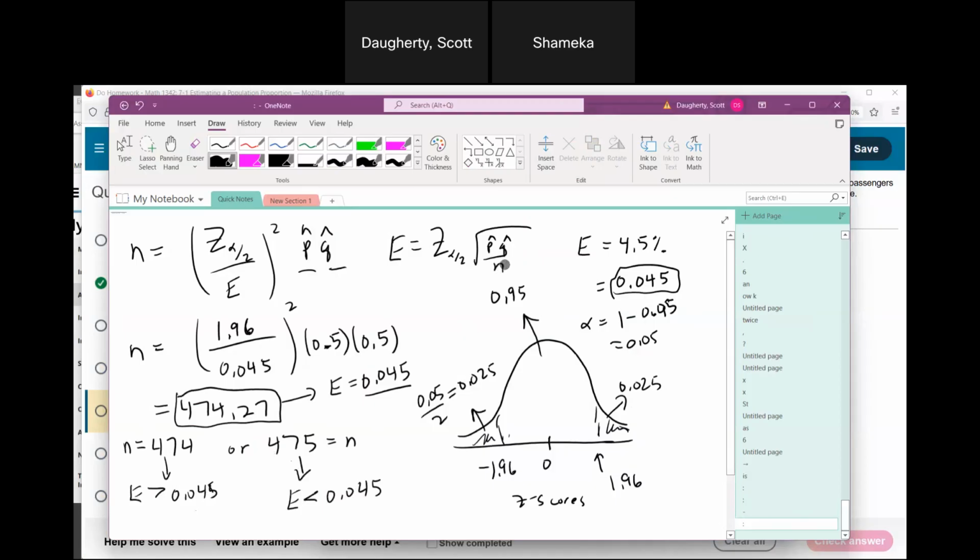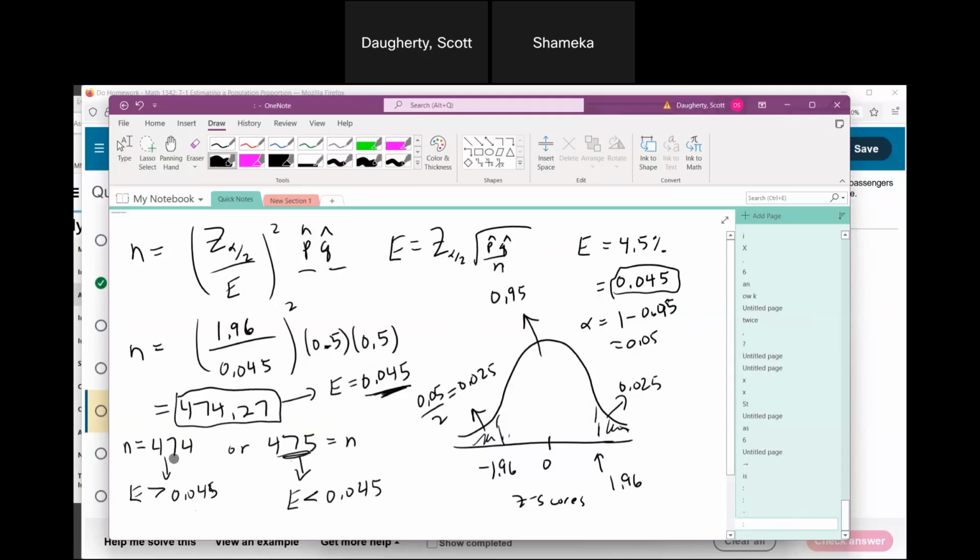The idea is that if n is a little bit bigger, right here, right? Remember, this is when e is 0.045, that's when n is this number. If I go a little bit bigger, well, that means I'm dividing by a little bit bigger number, right? N is on the bottom. So if I'm going to divide by a little bit bigger number, that's going to force the error to go down a little. So it's going to be a little bit less than this if I go up with n.